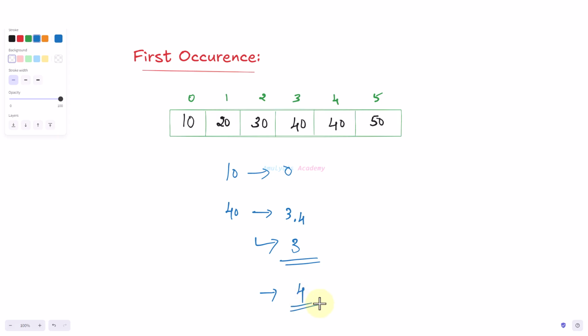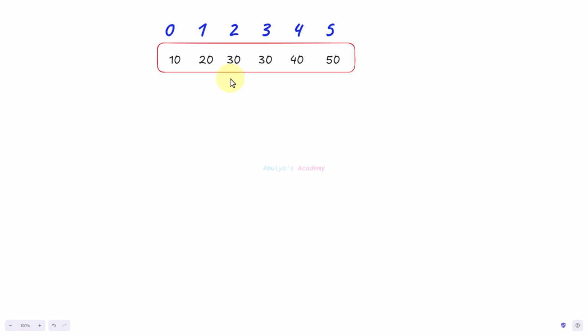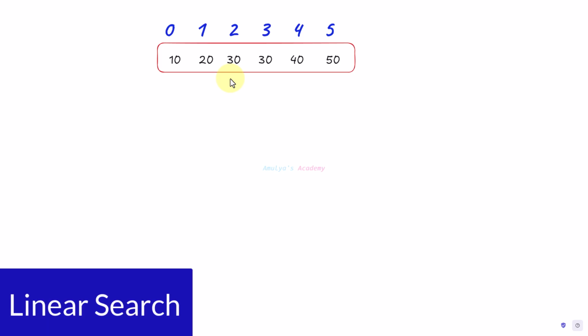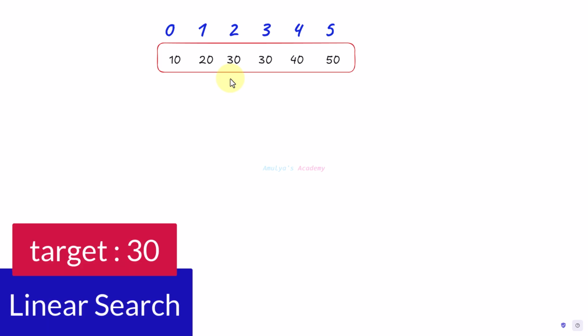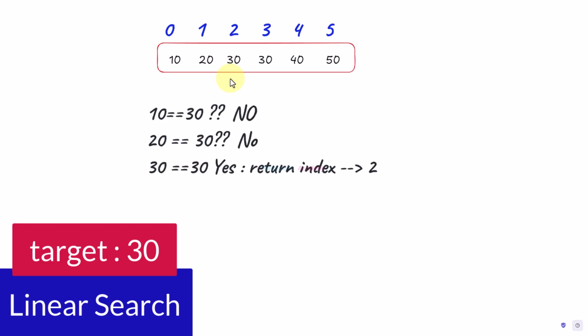First occurrence is the index or position where a particular number appears for the very first time in the list of numbers. To find the index of the first occurrence of the given target element, we can use the linear search algorithm. As we know, in linear search, we search in sequential order, right? That's why in linear search, we'll get the index of the first occurrence of the target element easily.